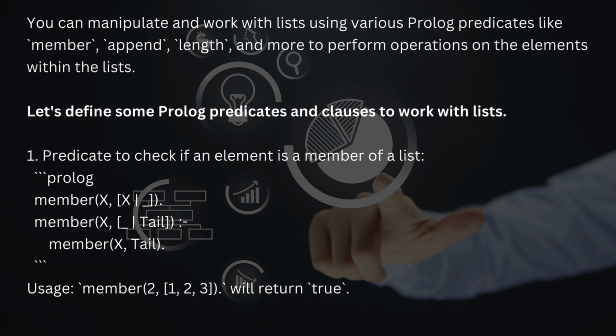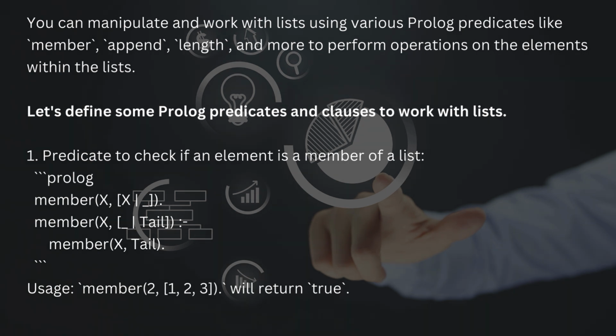You define it as member(X, [X|_]). Then member(X, [_|Tail]) :- member(X, Tail). How can you use it? For example, member(2, [1,2,3]) will return true, because 2 is a member of your list.